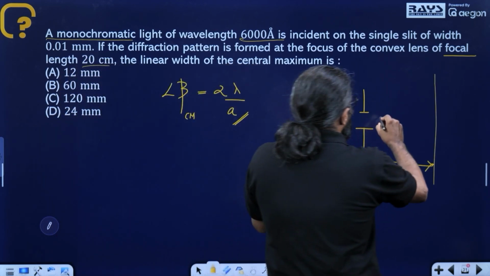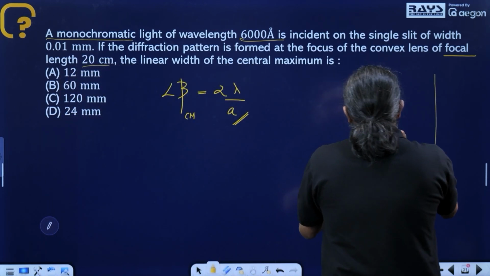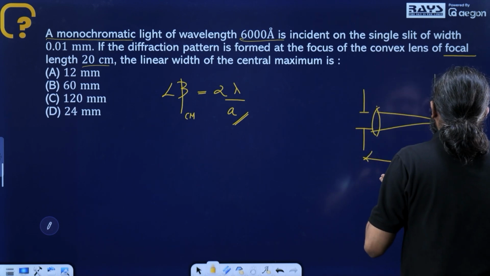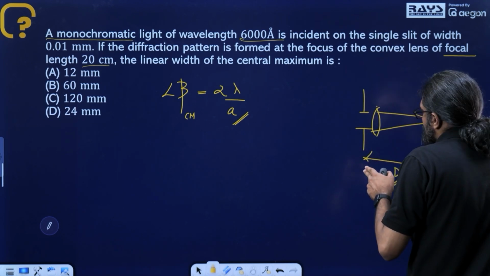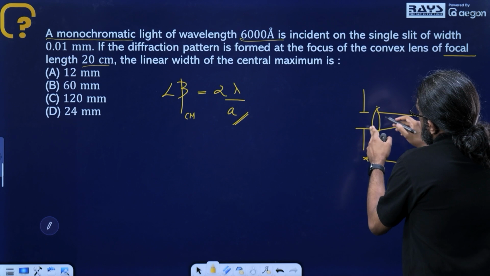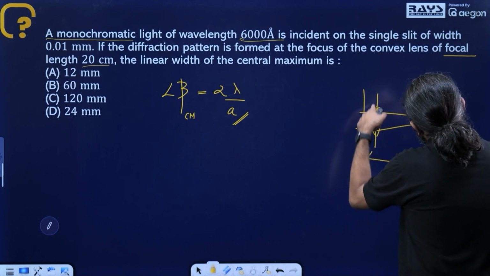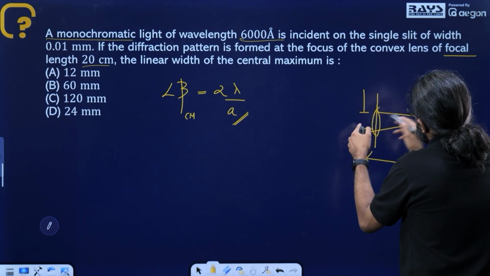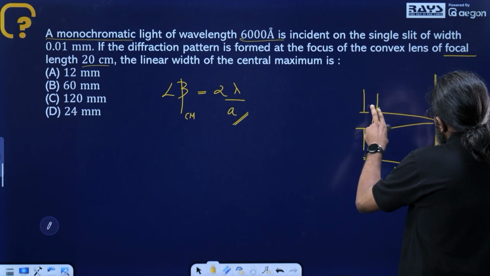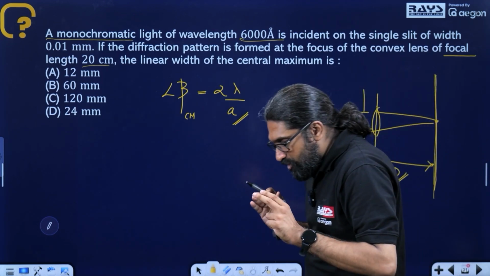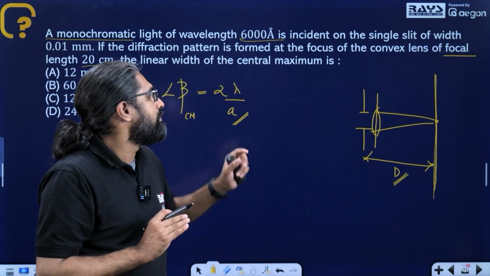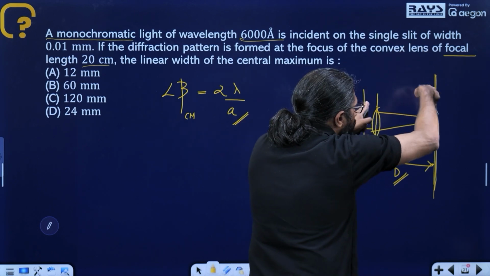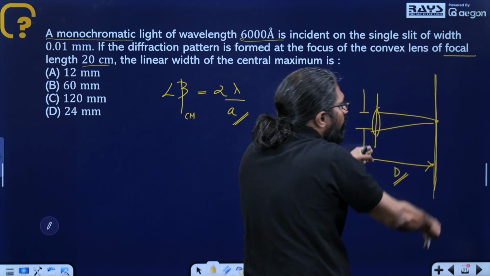Because you'll have a convex lens somewhere here, and this lens will converge the beam on the screen, which means that approximately the lens to screen distance is very similar to the slit to screen distance. And the lens to screen distance here will have to be equal to the focal length of the lens, because the lens is supposed to converge the rays at its focal point.